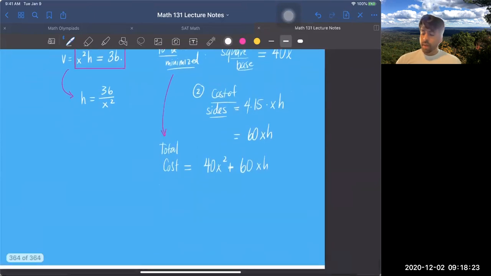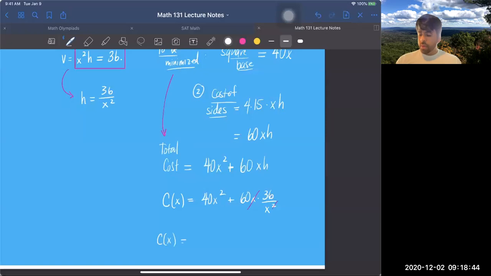So now my cost function C of x will be 40x squared plus 60x multiplied by 36 over x squared. Do you see? And then what cancels out? The x's, and then look what I get.